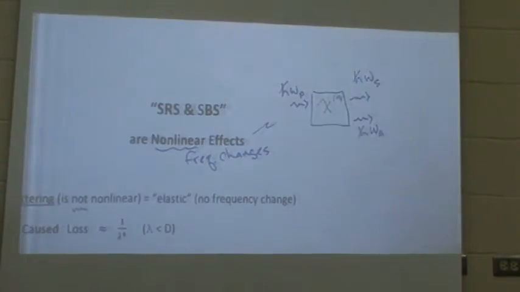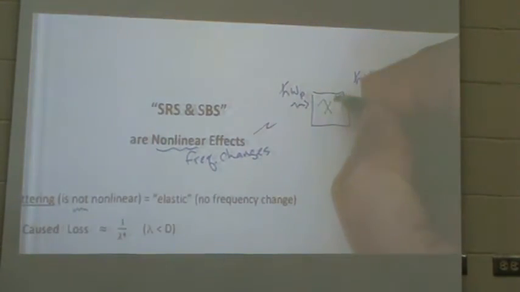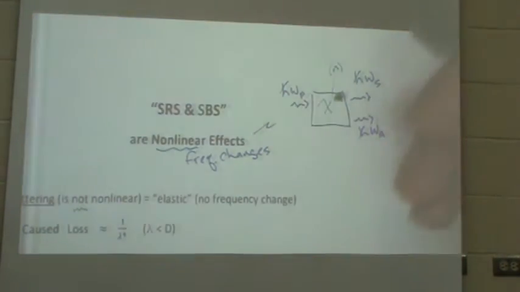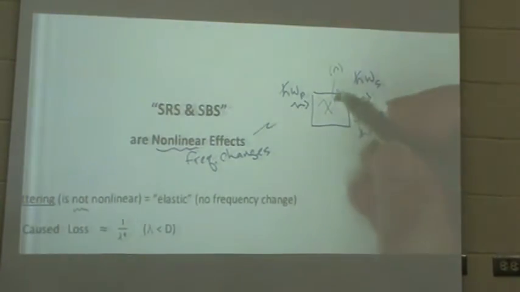And these are usually labeled by chi, a chi of various orders, so it might be chi to the n, a chi 2 process, a chi 3 process. It just tells you how many waves are involved. If there are only two optical waves involved here, then this would be a chi 2 process.